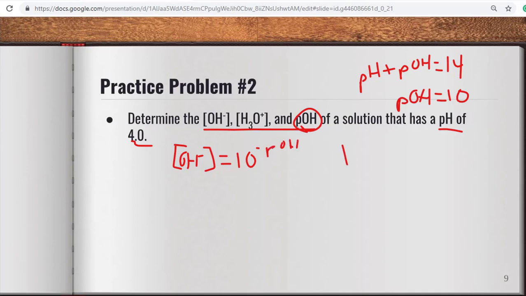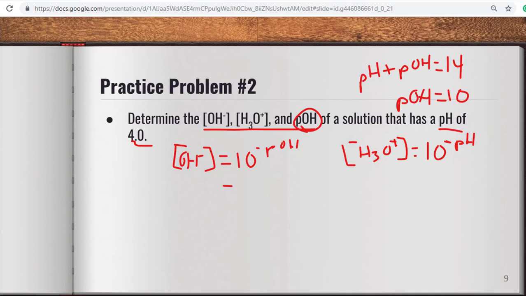And it works the same way with H3O+. You can get that by taking 10 to the negative pH. Pretty straightforward. All we have to do is plug in some numbers and solve.